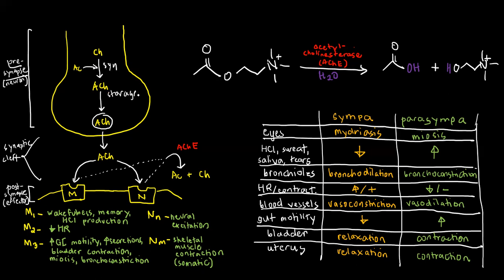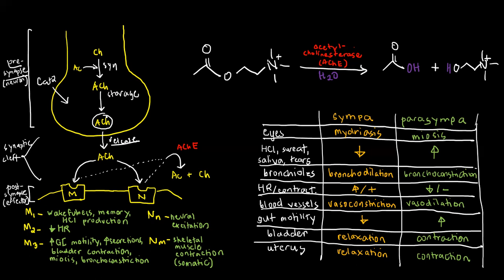And then, of course, in order to be effective, it must be released. Without being released into the synaptic cleft, how will it go to the receptors? How will it bind? How will it elicit any effect? It's impossible, right? And for this to happen, usually the trigger for our cholinergic neurons is the entry of calcium ions.